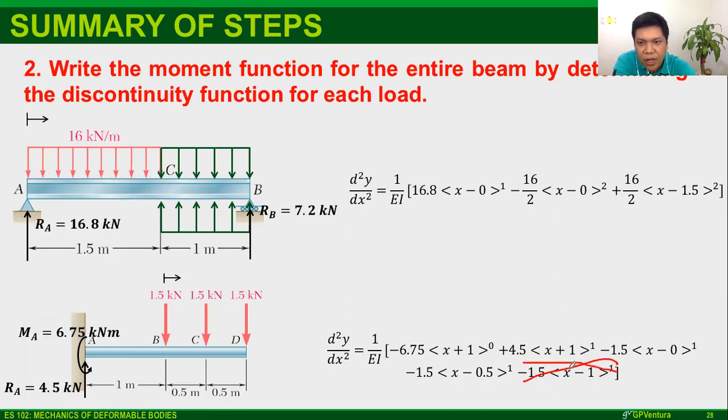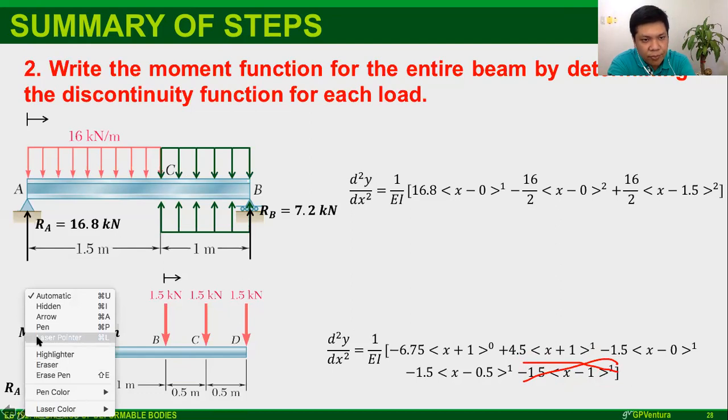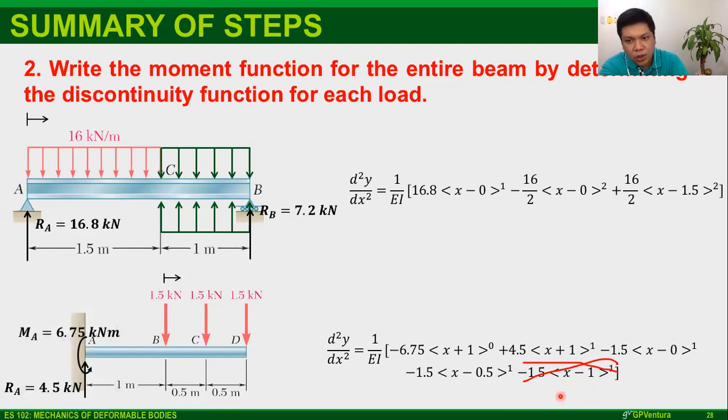Because this 1.5 kilonewton load, that's a common mistake, is found at the end of the beam. Therefore, it should not be included. Is that clear? I apologize for that mistake. Questions? So we need to delete that one.